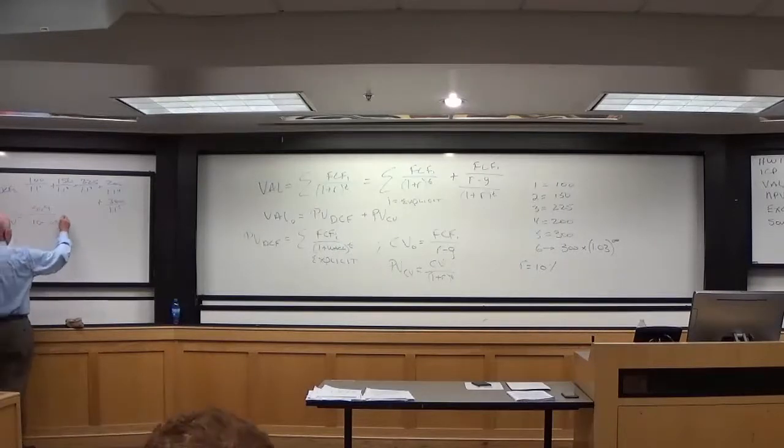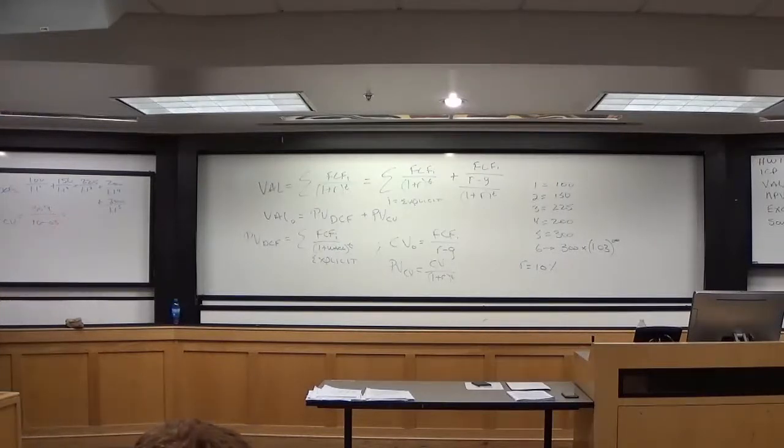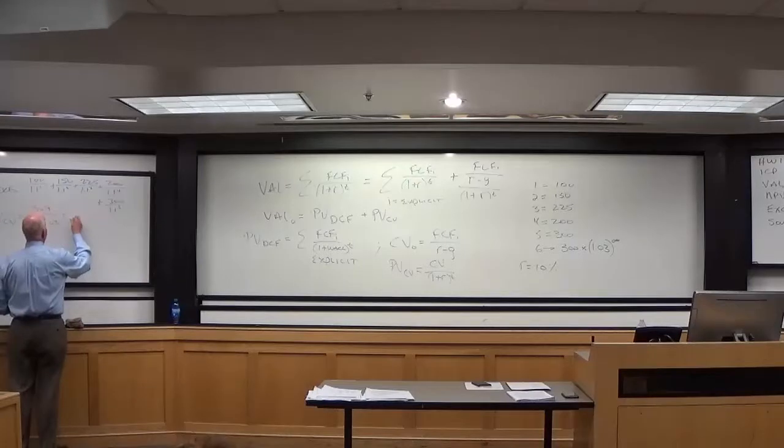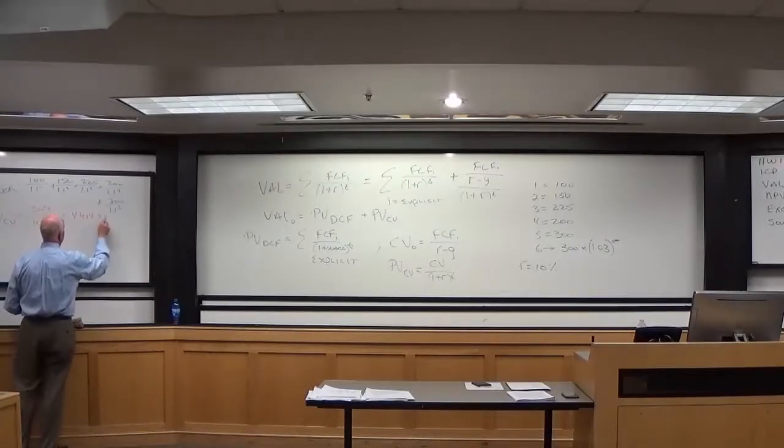And if somebody would calculate that, please, 309 divided by 0.07. That would be helpful to us for where we go next. 4,414.28. Correct. Thank you.